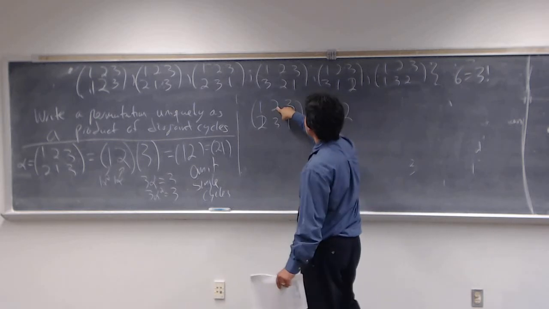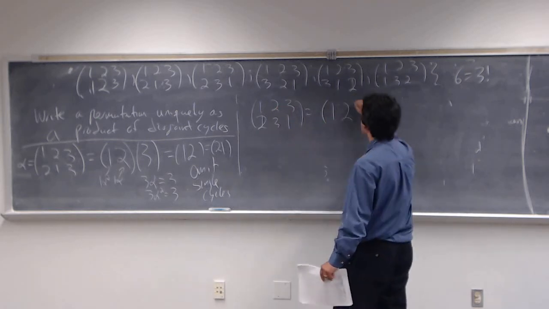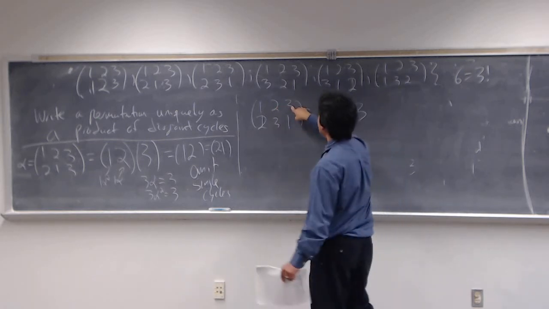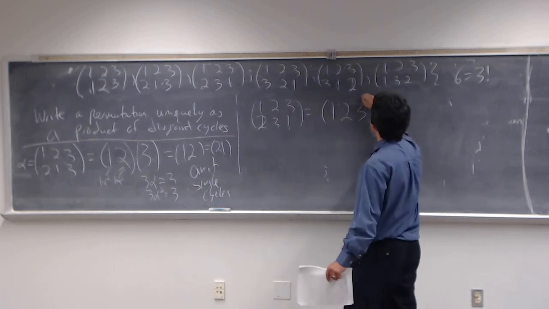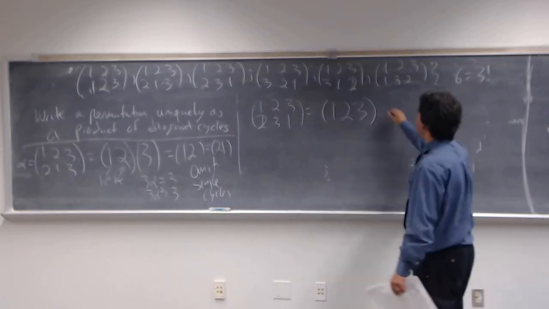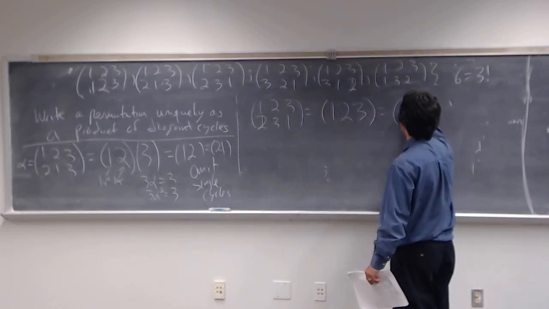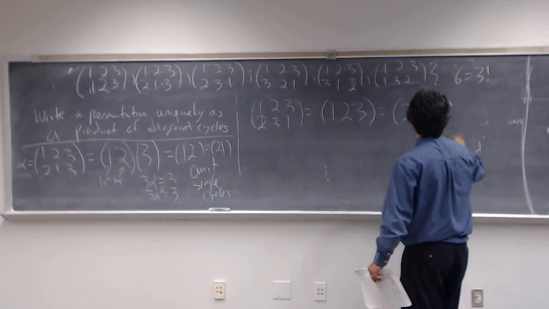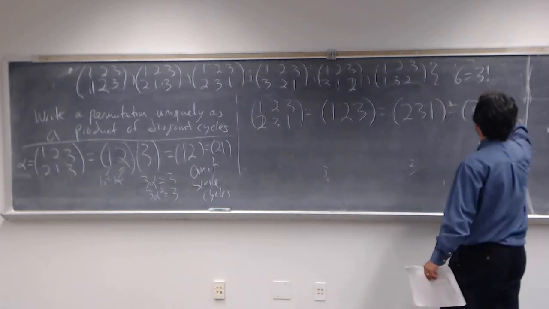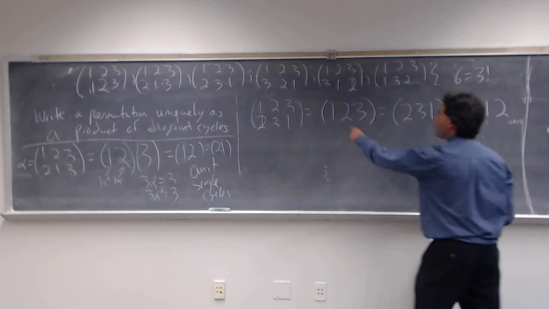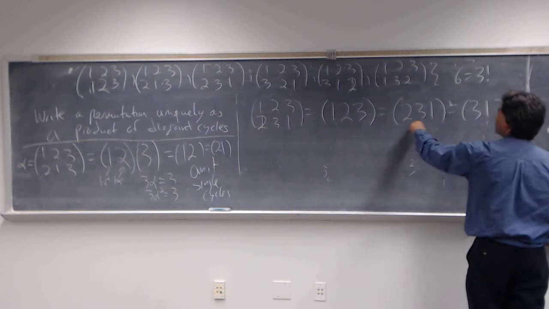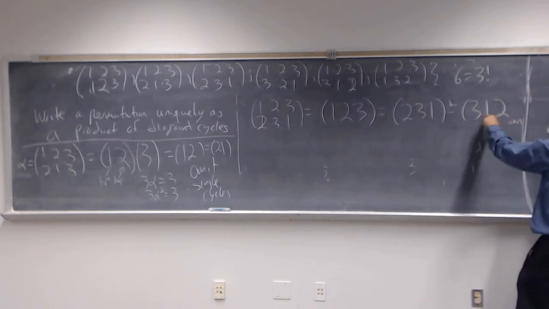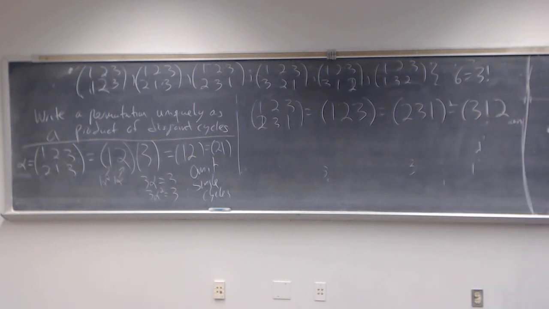Then 2 would now go to 3, and then 3 would then come back around to 1. So we could write it that way. We could also write it as 2, 3, 1, or 3, 1, 2. The key thing is the order. 1, 2, 3. 1, 2, 3. So these are treated the same as a cycle.